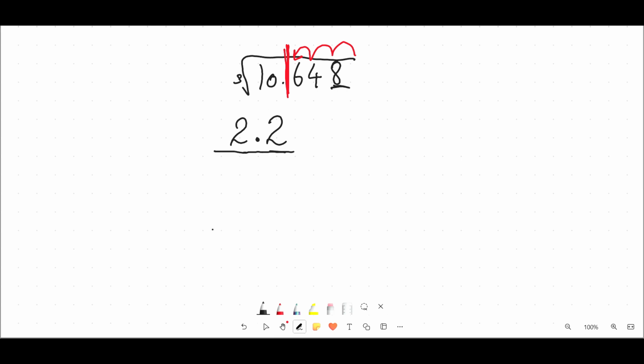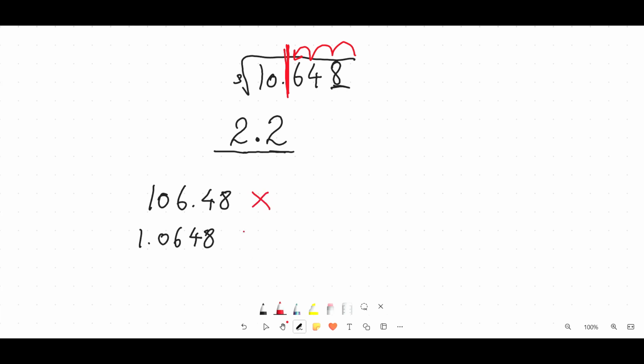Here you have to be really careful with the decimal placement. If the number was 106.48 or 1.0648, it would not have been a perfect cube. Keep that in mind. If you know that the general number, in the sense here 10648, is a perfect cube, then the decimal point should be over here, 3 digits from the right.